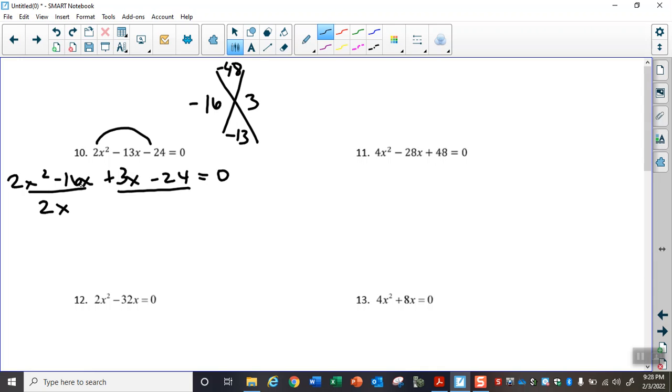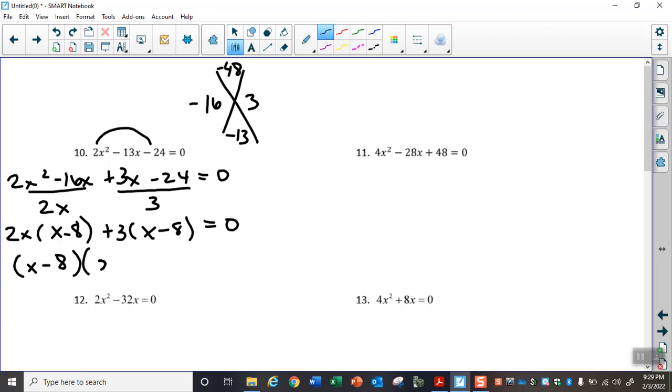Okay, they both have a factor of 2x. These both have a factor of 3. 2x comes in front, divide it out. Divide that out. Okay, the x minus 8 is going to come in front. And then you've got 2x plus 3.